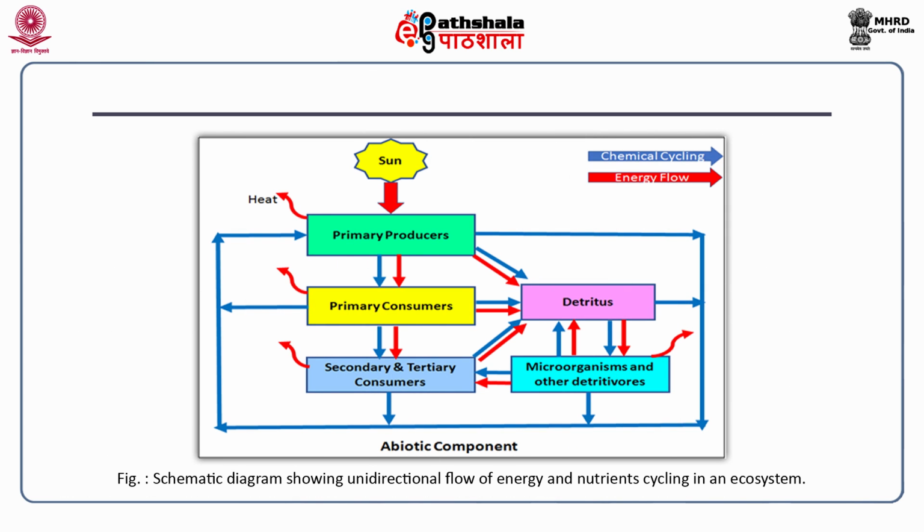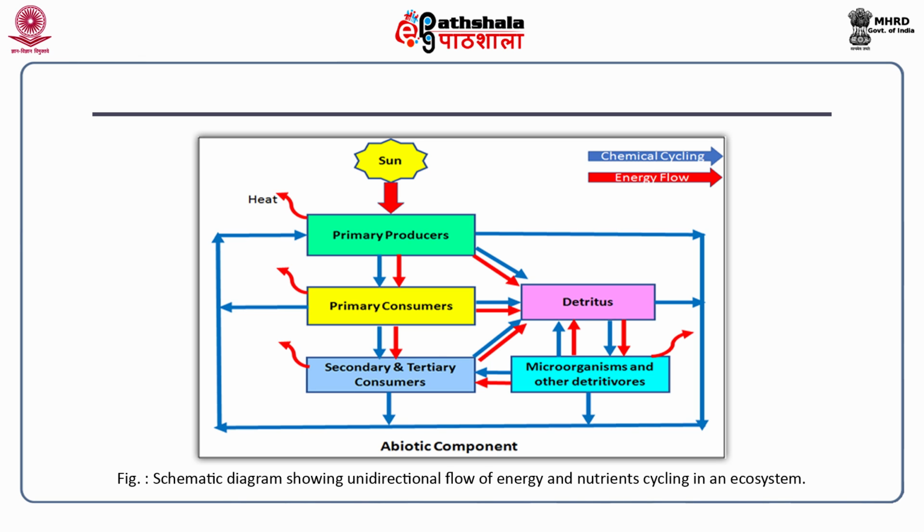This figure shows the unidirectional flow of energy and nutrient cycling in an ecosystem. You will see that energy coming from the sun goes to primary producers, then from primary producers to primary consumers, then to secondary consumers and tertiary consumers, and ultimately to detritus organisms.